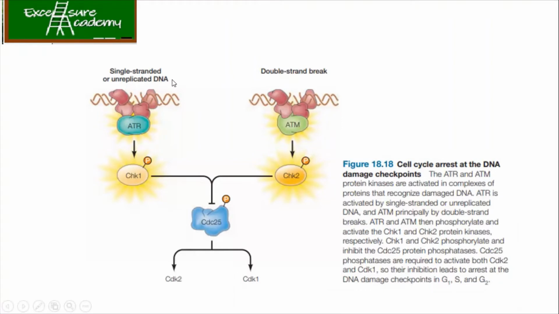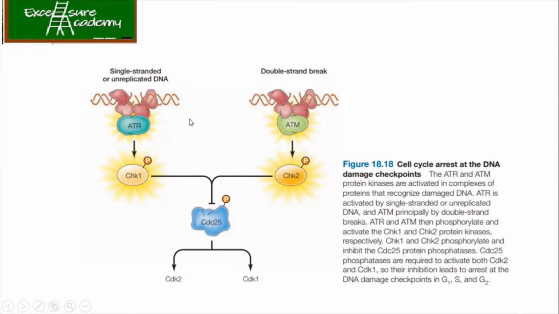So as we see, we have got the single stranded or the unreplicated DNA. ATR is going to detect the damage that happened to the single stranded DNA. Okay. ATM is going to detect the damage to the double strand break.